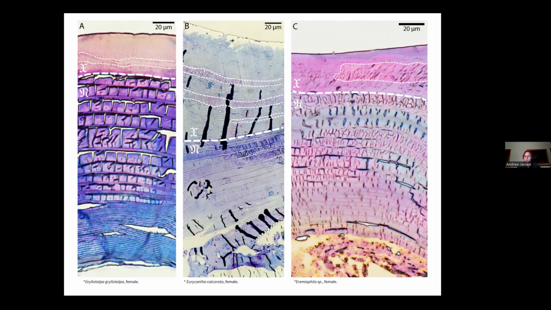So exo, meso, and endocuticle, maybe. And then if you look at, say, Uricantha calcarata, that's the stick insect, it's blue everywhere, and then a couple of layers are red here or there. And then with the praying mantis, it's all over the place. It's pink and purple. Like, this makes no sense whatsoever. You can't compare these things.